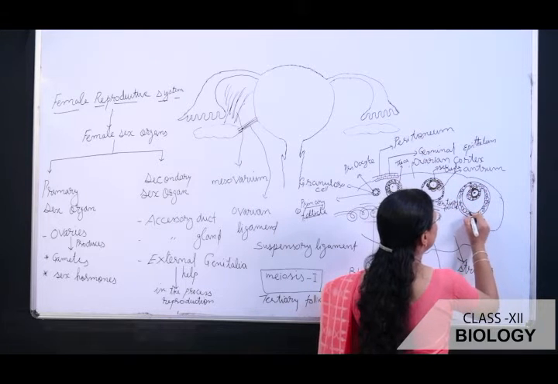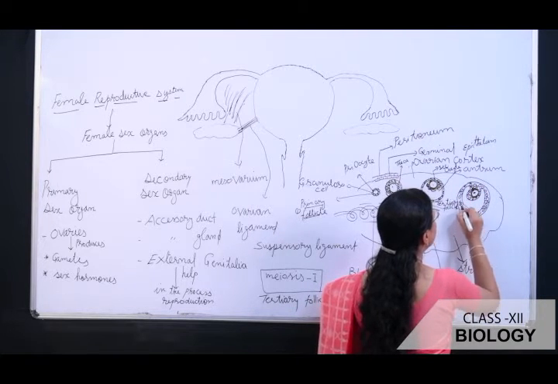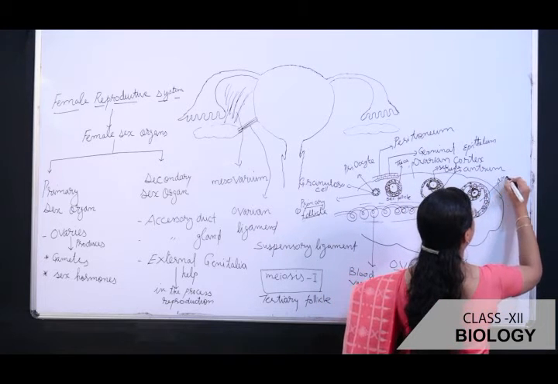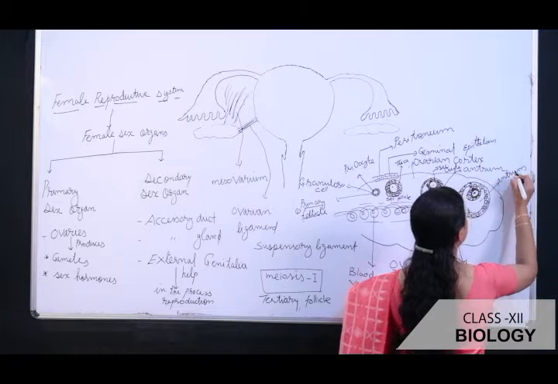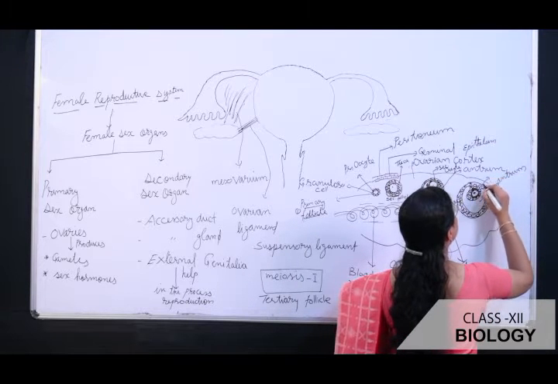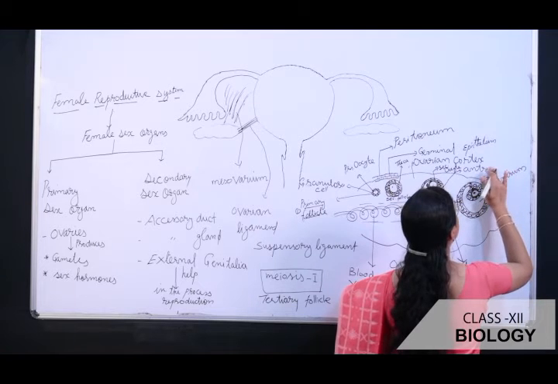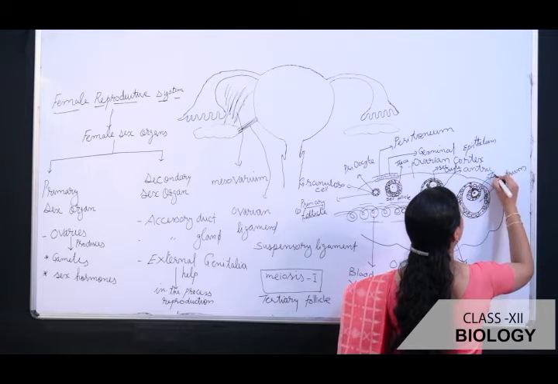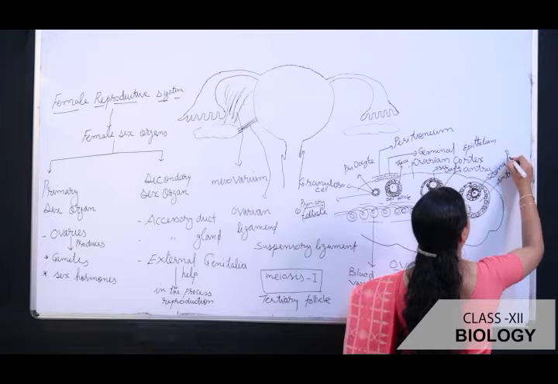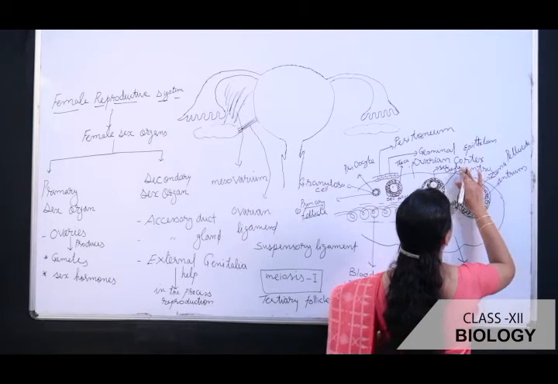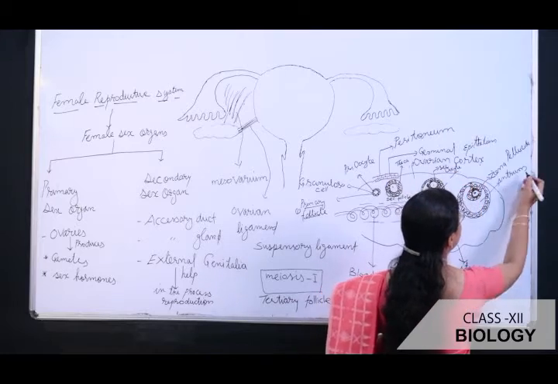Okay, this is the mature Graafian follicle. This is the region where antrum is present. This is known as zona pellucida. Let us write here zona pellucida. Antrum we are mentioning here.